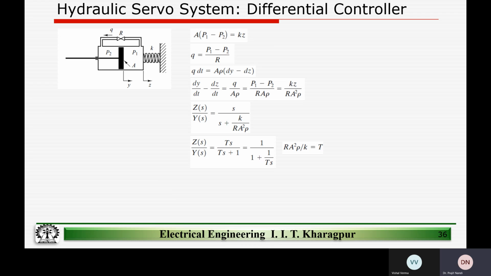Since Z(s)/Y(s) equals Ts, this is nothing but a differentiator, and hence we call this a differential controller.